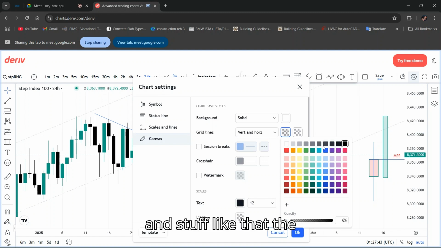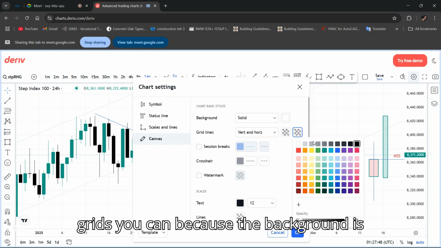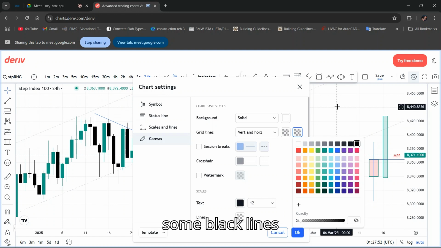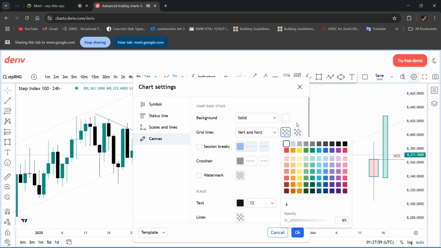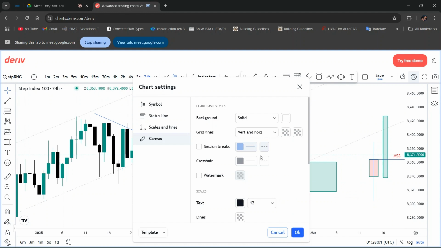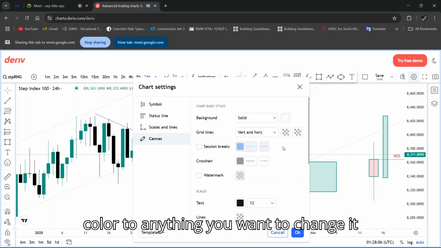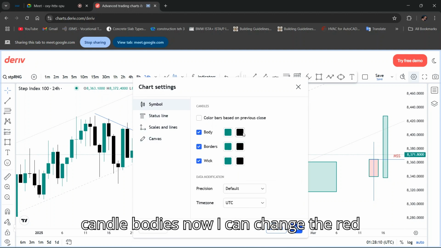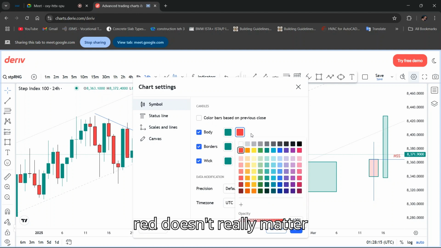Since the background is already white and the grids are black lines, I just turn the grid lines to white, making the entire background white. You can change the text color to anything you want. And the candle bodies, you can change the red candle, the seller's candle, back to red.